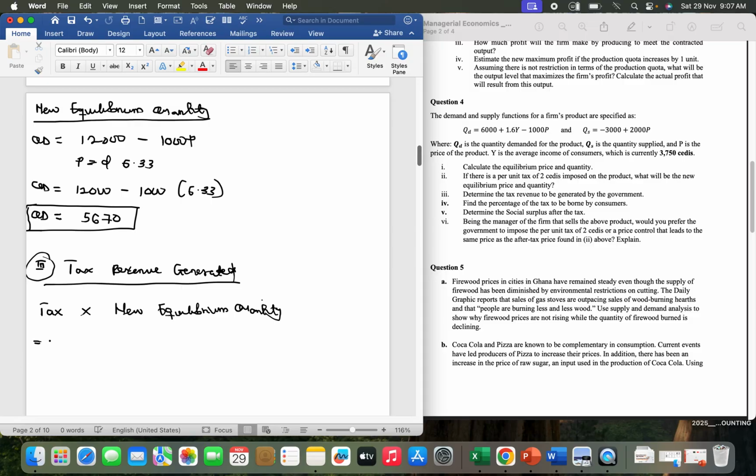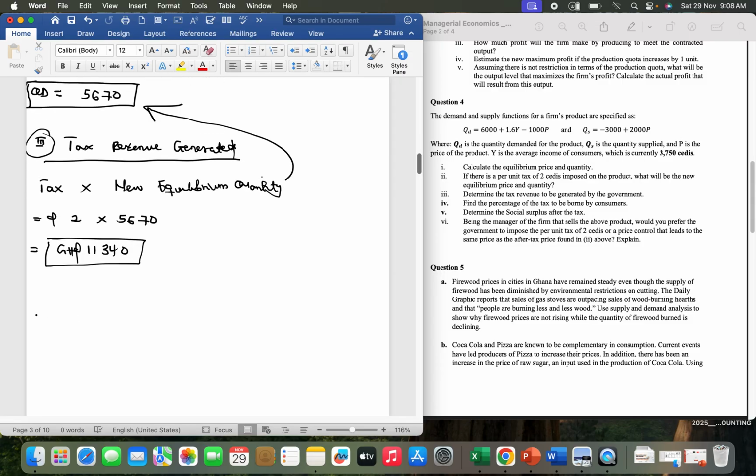The tax in the question, they gave us 2 cedis. The new equilibrium quantity is the new quantity you had as a result of tax, which was 5670. So 2 times 5670 is 11,340. So this is our tax revenue.